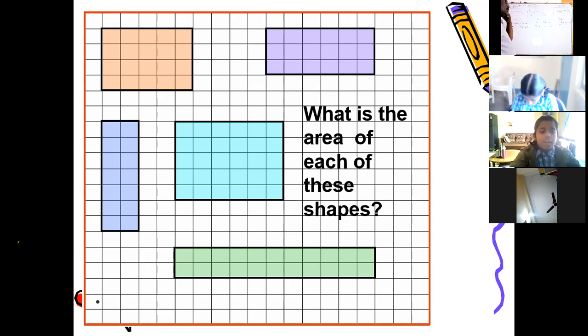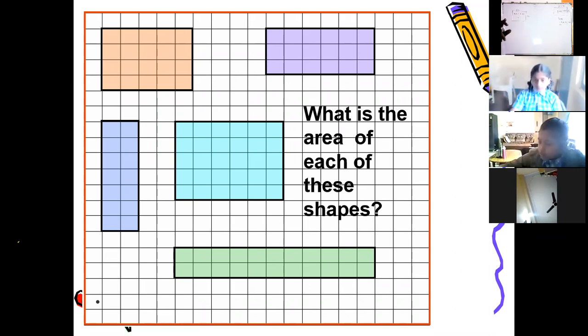Sir, the area of this first shape is 20 square centimeter. And the purple one is 18. Count the length and breadth. Area will be length into breadth.